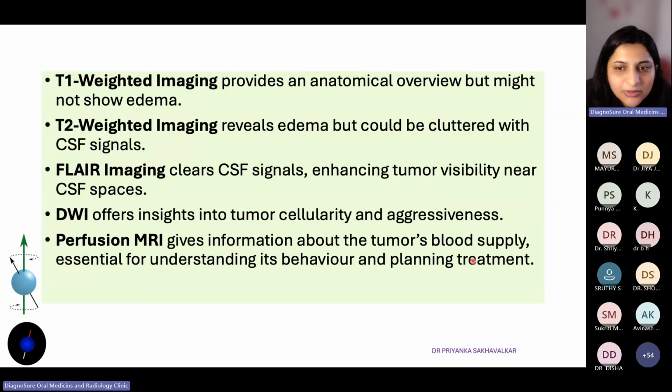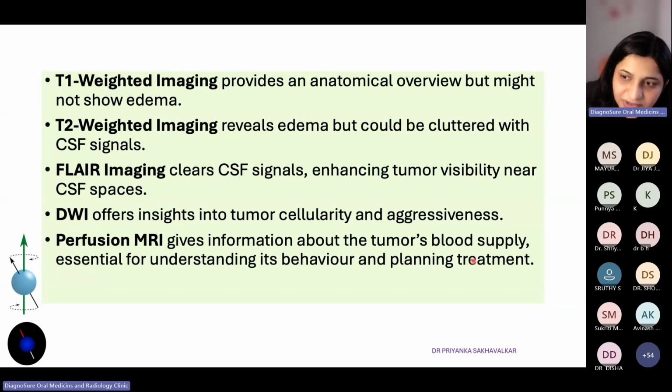Now, for enhanced lesion detection, we have other sequences like FLAIR, DWI, and perfusion. FLAIR specifically suppresses the cerebrospinal fluid to make lesions near CSF appear clearer, and it is useful for detecting lesions in the vicinity of CSF, and it can be used for brain tumors also. Then comes diffusion weighted imaging.